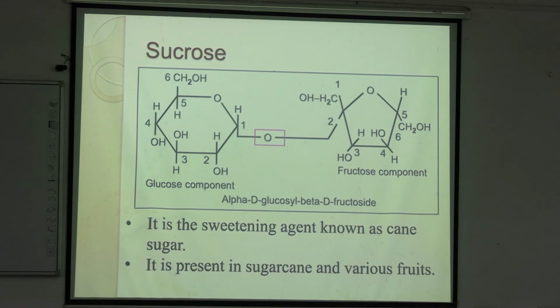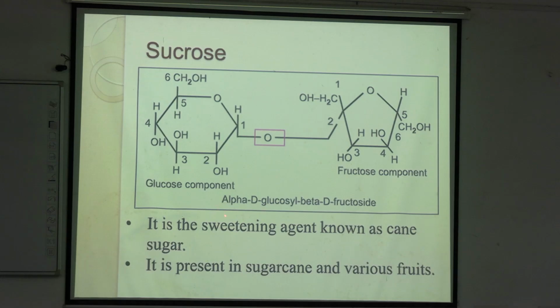Why is it alpha? The OH of the anomeric carbon is below the plane. It is on carbon 1. So it is alpha glucose 1 with carbon 2 of fructose.